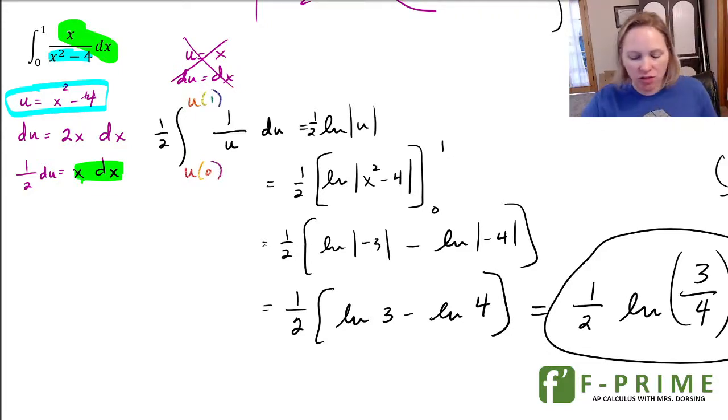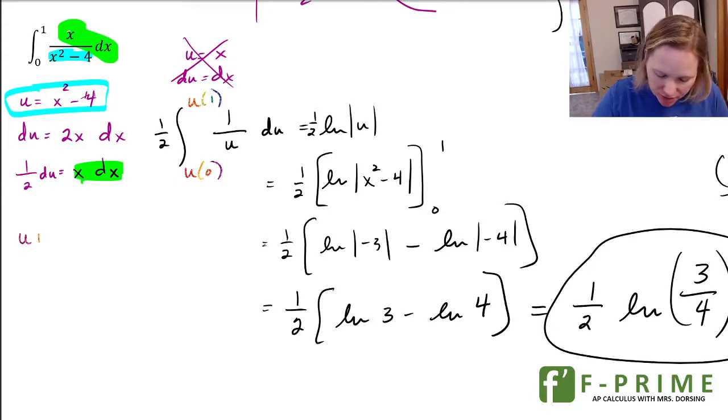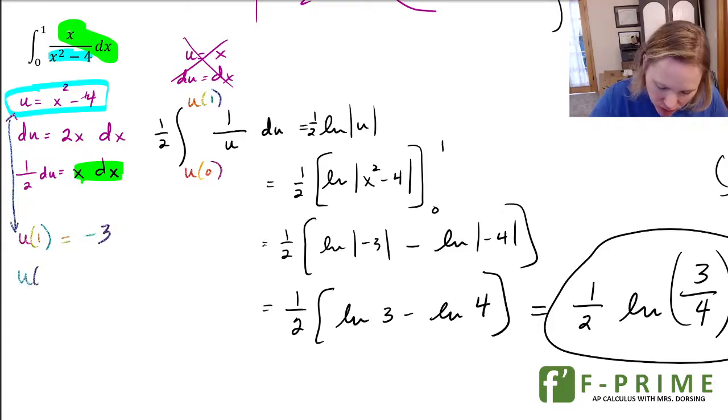And if we wanted to evaluate, instead of plugging things back in, instead of plugging the x equation in and using the original x limits, which by the way I think is the easiest and most straightforward, you can actually create a shortcut where if you find what u of 1 and u of 0 are, so like in this case, u of 1 would be what I get when I plug them into the u equation. So I'd have 1 minus 4, that'd be negative 3. U of 0 would be negative 4.